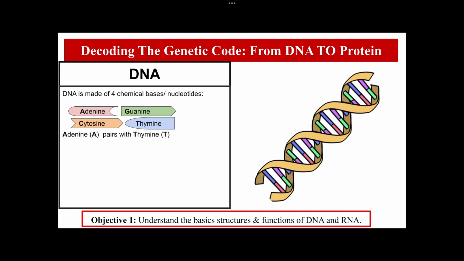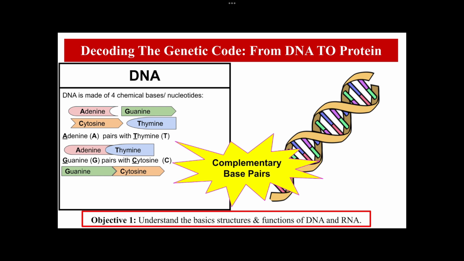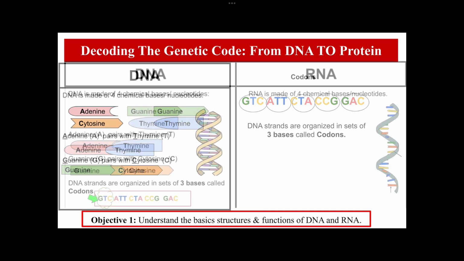Like a puzzle, due to their molecular shape, adenine pairs with thymine, and guanine pairs with cytosine. We call this complementary base pairs. DNA strands are organized in sets of 3 bases called codons. Each group of 3 base pairs is a single codon.